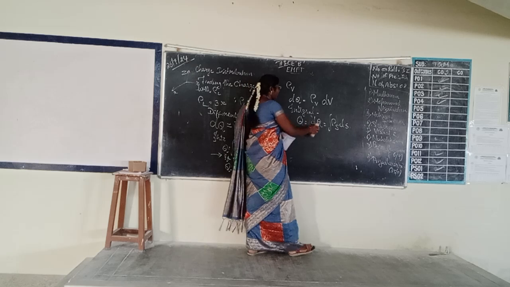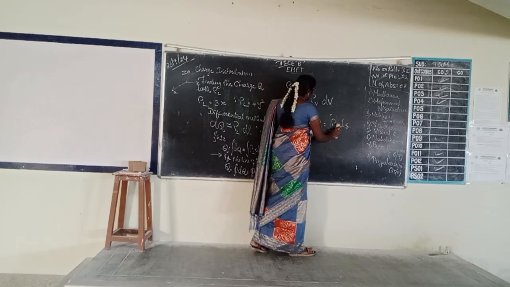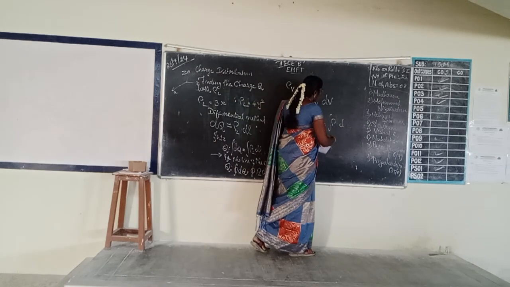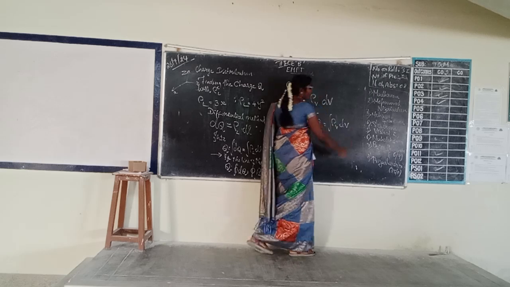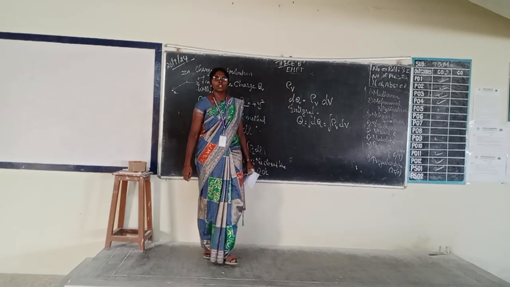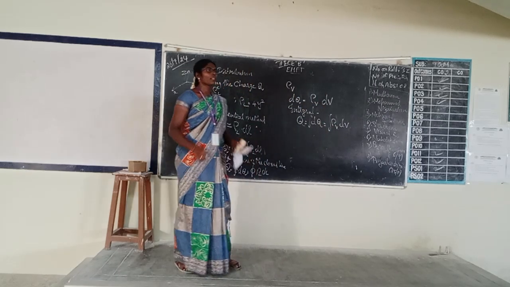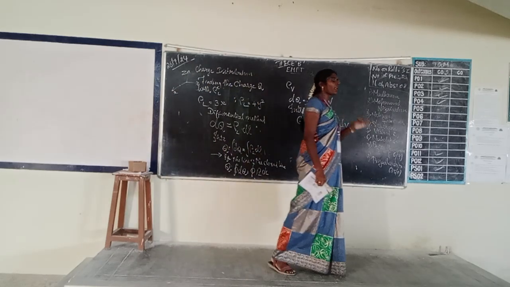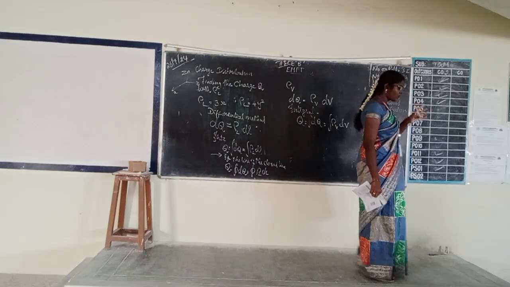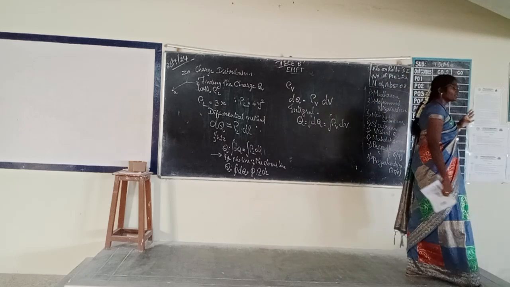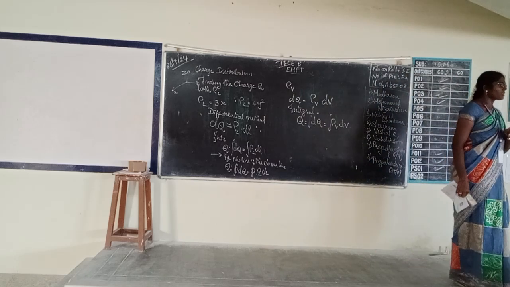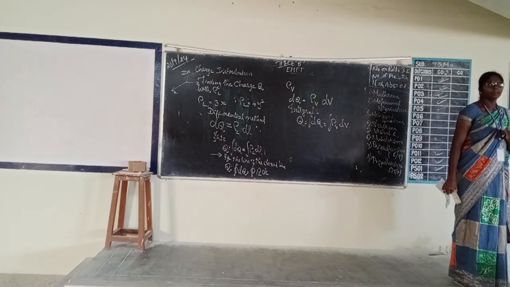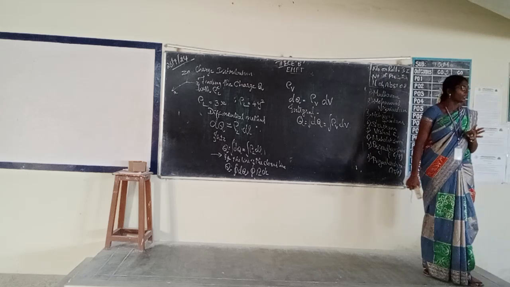If we take the integral of dQ, we get the integral of rho v dv. That is how we find the charge for point charge, line charge, surface charge and volume charge distributions. Everyone clear up to this?